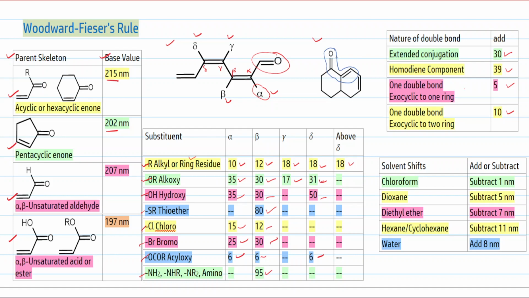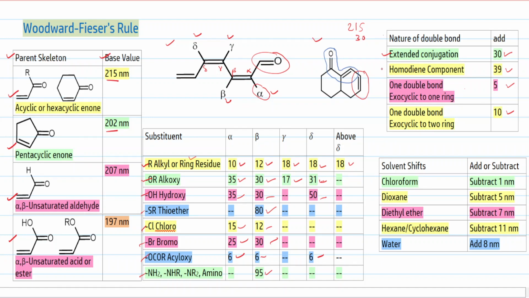Now, this is the carbon double bond carbon which is in conjugation with this carbon double bond carbon. So there is an extra conjugation which is called an extended conjugation. The value for this enone system is 215 nanometer. Then to the 215 nanometer we have to add 30 nanometer because there is an extended conjugation.